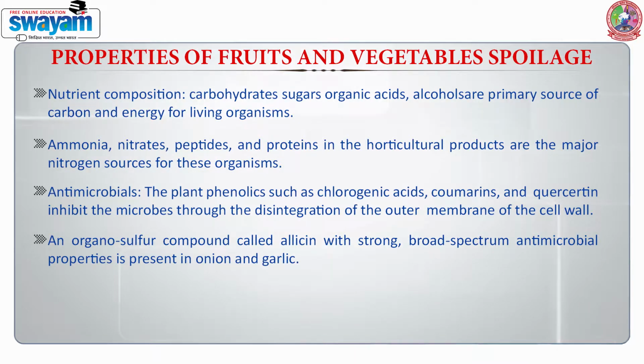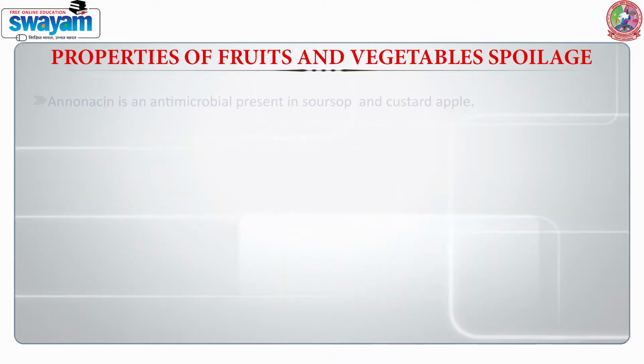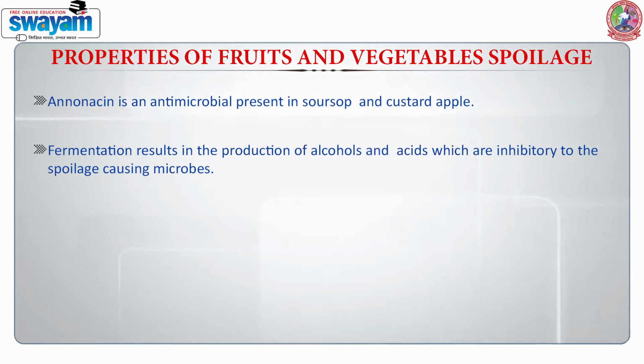Another example is benzoic acid and other organic acids which are widely present in fruits such as cranberries, lemons, etc. Anonaine is an antimicrobial present in soursop and custard apple. Fermentation results in the production of alcohols and acids which are inhibitory to the spoilage microorganisms.